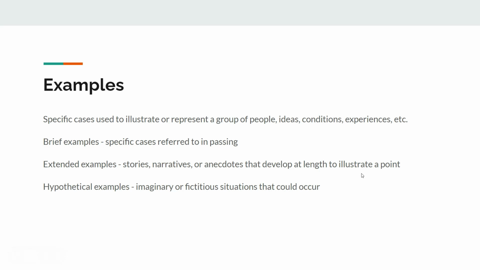An extended example, that's where I actually tell a story that is developed because I want to set a big, long, overarching theme. So for an extended example, maybe I describe a girl who's coming to Bethany and she's really excited. She has met some of her professors. She can't wait to get to their classes, and she's motivated.